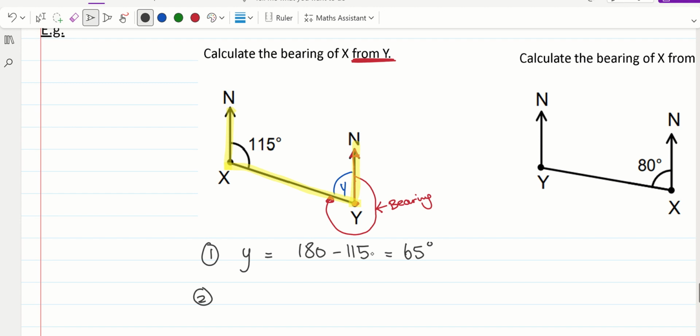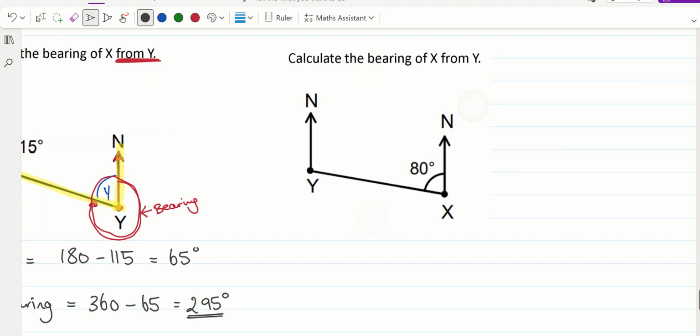And then the bearing that I am trying to find, these of course make angles around a point, so they add up to 360. So it's going to be 360 minus 65 degrees, which is 295 degrees. So the bearing that I want is 295 degrees.